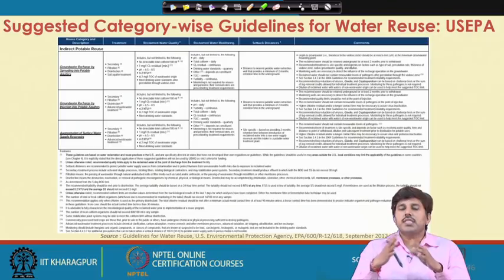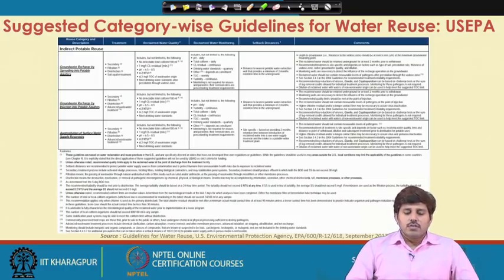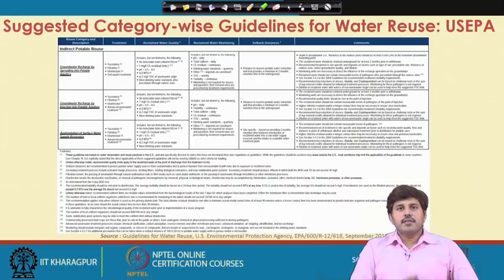Many countries do not have reuse standards, like the example we gave for India, but still in those countries the direct water supply standards should be used for reuse purposes. So, that is about the regulatory aspects.